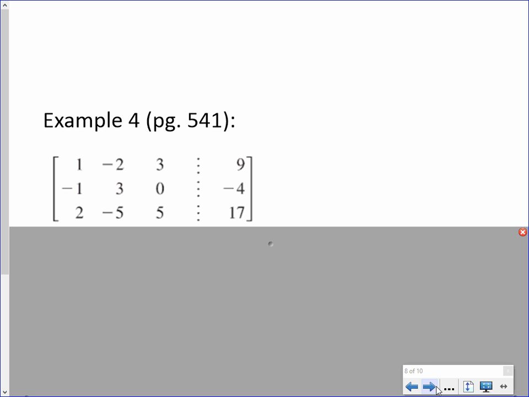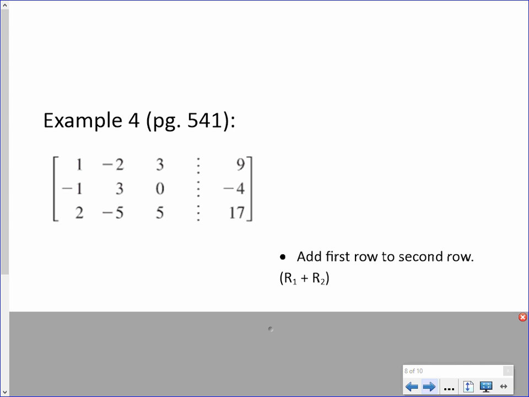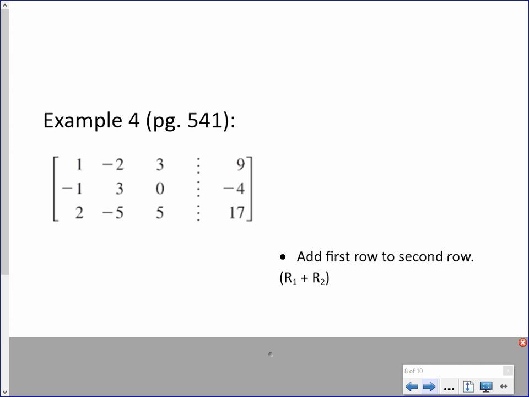So I'm going to show you what their first set of directions is in this example, and we're going to do what they say. The first set of directions says, add the first row to the second row. So which row is changing? Row 1 or row 2? Add the first row to the second row.